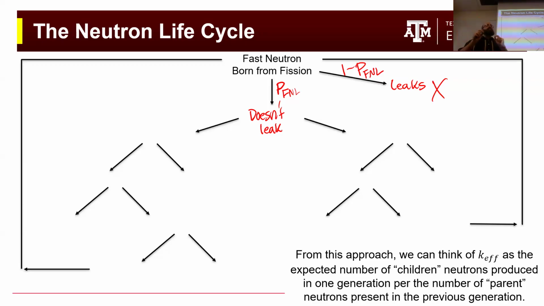So now we have a fast neutron that hasn't leaked. If the neutron is fast and it's moving around in our reactor, it is either going to be absorbed while it's fast, or it's going to slow down to thermal energies. I'm going to say that this over here corresponds to slows to thermal, and this arrow right here corresponds to being absorbed while fast.